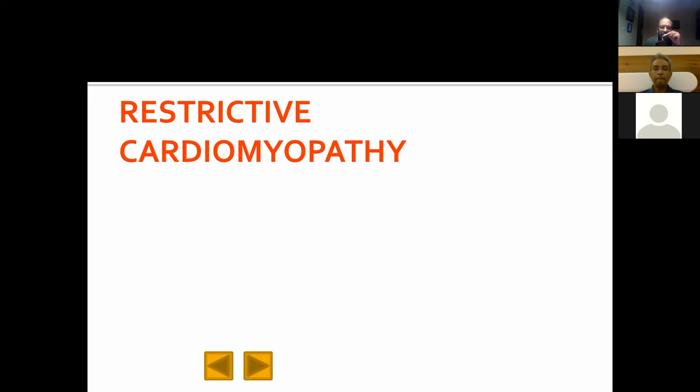Whereas if you have a variable tissue Doppler imaging, your suspicion goes toward ischemic cardiomyopathy. Suppose your septal is 4, and all of the annuli show 4. It means possibly dilated cardiomyopathy. If septal shows 4, and the others show 7 or 6, it means you should think of ischemic cardiomyopathy.